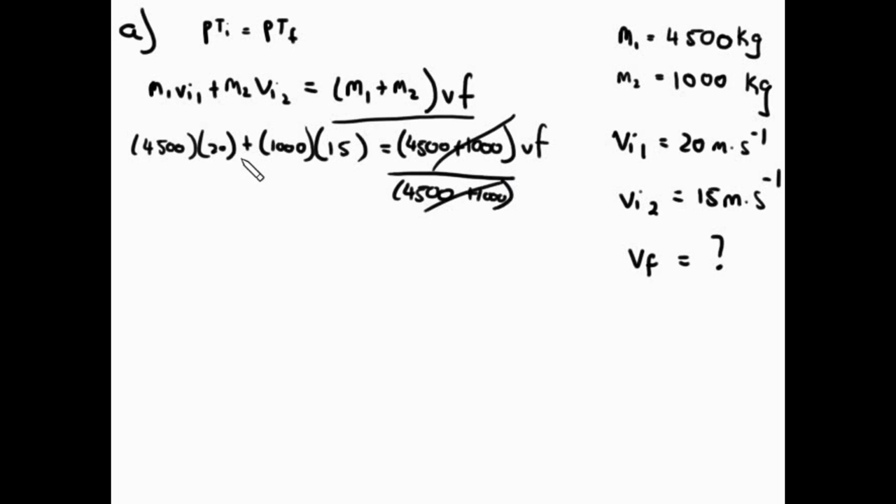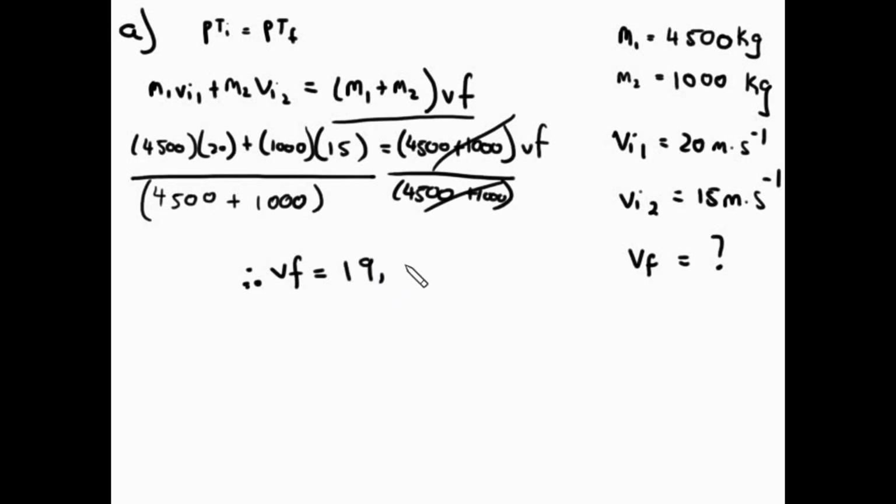Those cancel, and we have 4,500 plus 1,000 at the bottom. Bracket that up, and we can put this whole side onto our calculator. If we do that, we will get an answer of 19.09 meters per second. There is our answer. Perfect, that is the first question done.